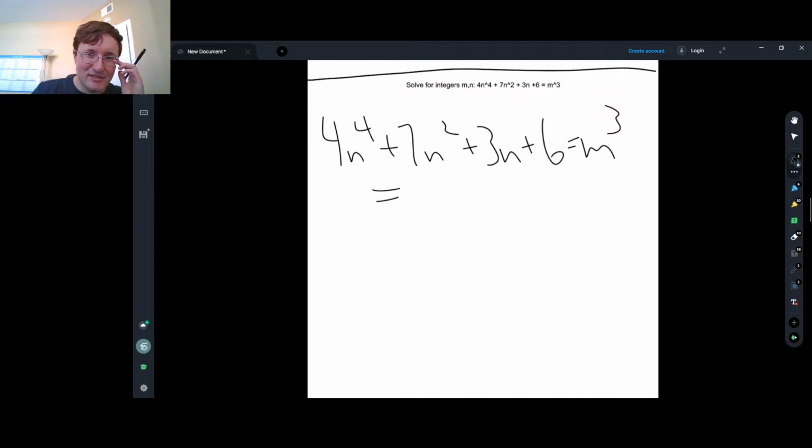I don't think I can really complete the quartic here. Let's see. Wow, this seems tough. Unless there's a way to prove that there are no solutions with modular arithmetic.